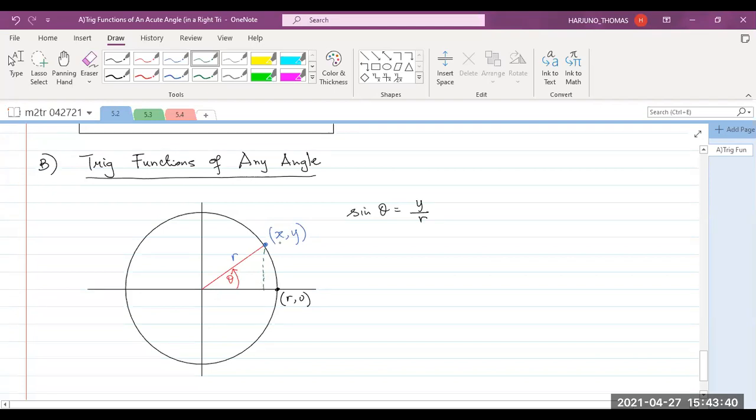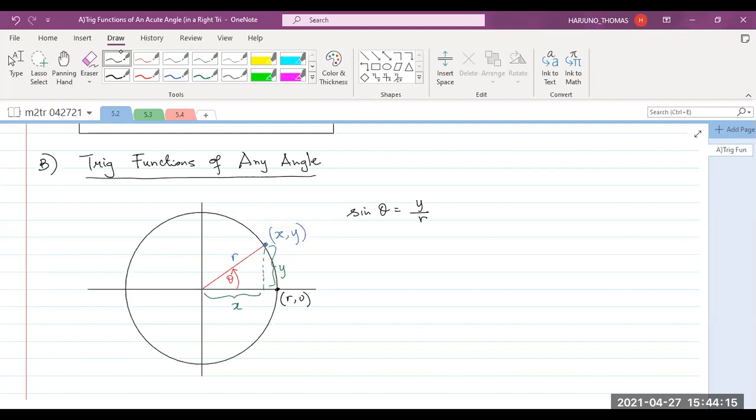Because if that coordinate is x, y, then this side here is x and this side here is y. Now, sine theta in that right triangle is the opposite of the angle theta, which is y, over the hypotenuse, which is r. That's what I meant by enlarging the definition of trig functions instead of only applying to acute angles, which still works.